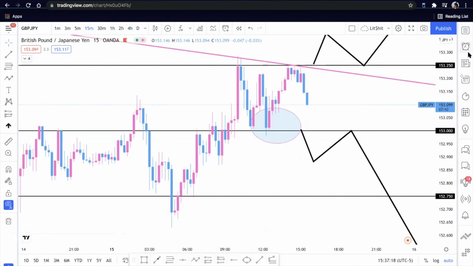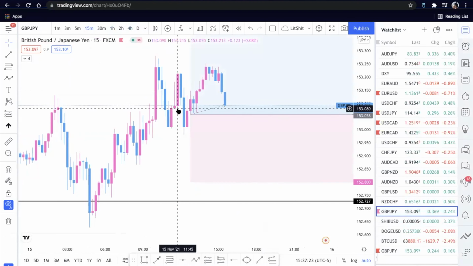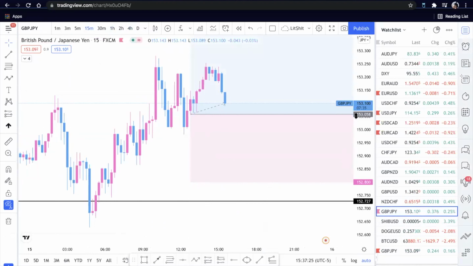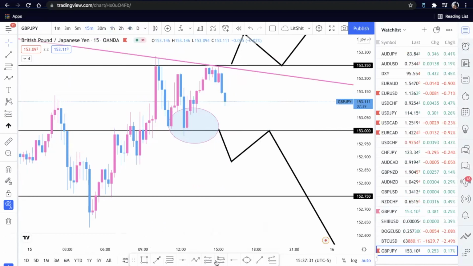All right, so going back to the chart that I just had up, which was right here, I did get into this trade at 153.058. So let me show you where I entered.